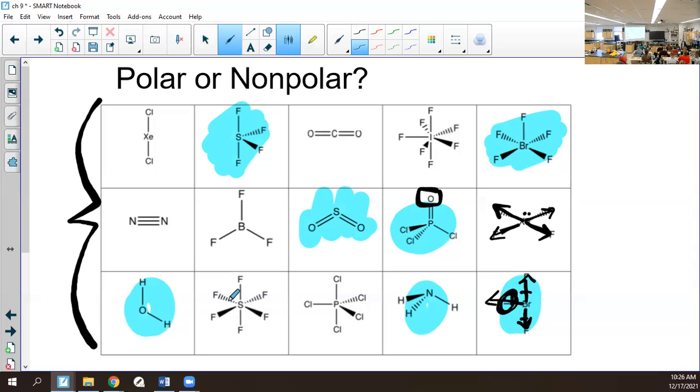Go ahead, Seth. So the middle one on the last row. Yeah. Sorry, the middle of last row. Yeah, that one. Okay. Is it non-polar for the atoms all around it? They're all the same, and it's symmetrical. Those are the 2 things you got to check.